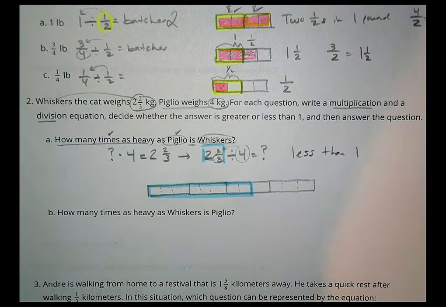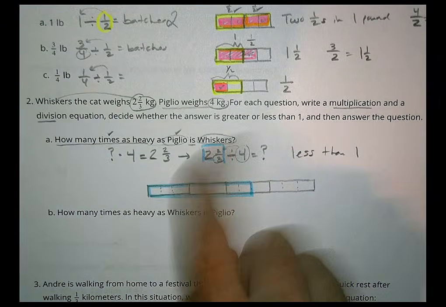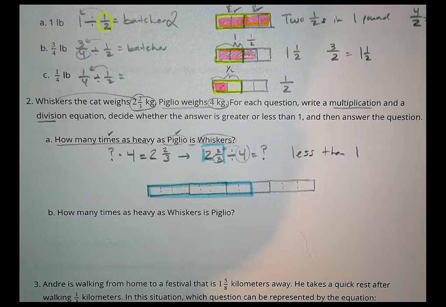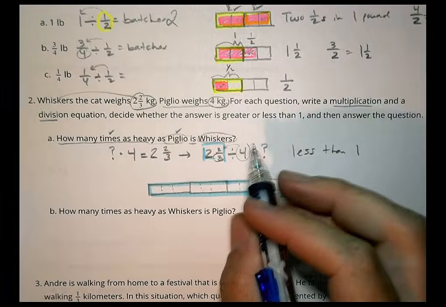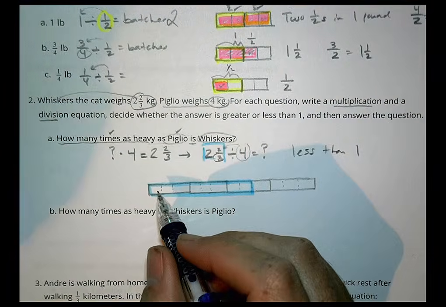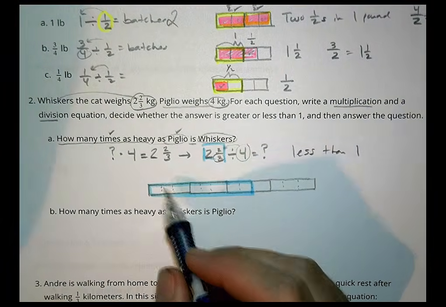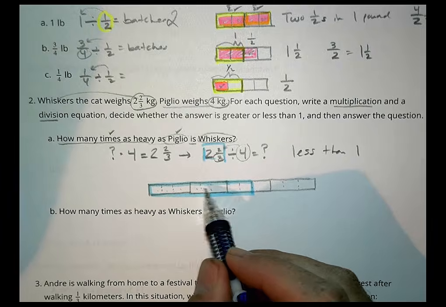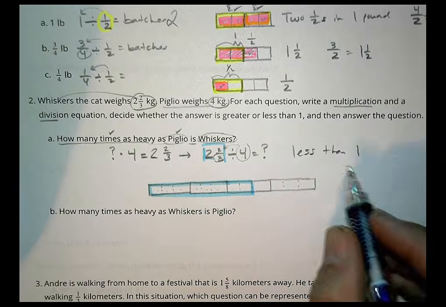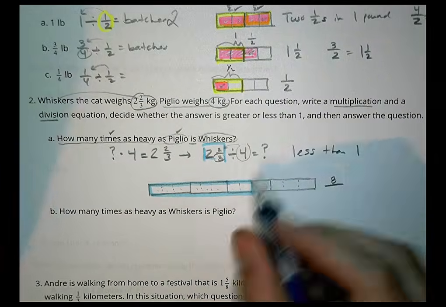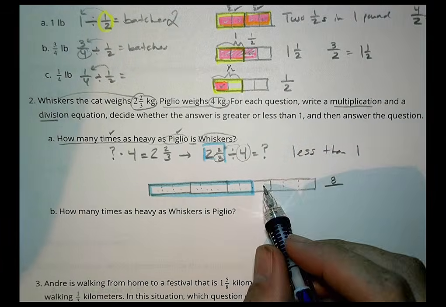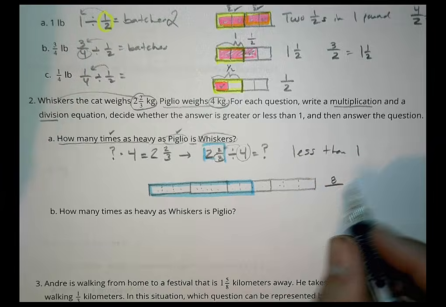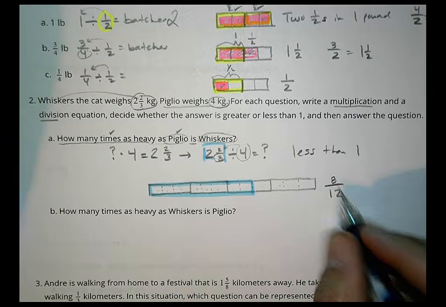And what I want to know is how many 4s are fitting inside of that box right there. Well, in this case here, we can see that I'm actually only going to have, how many of these? I end up having 1, 2, 3, 4, 5, 6, 7, 8 of the blues, and for the whole group, I need 8, 9, 10, 11, 12. So I only have 8 out of the needed 12.